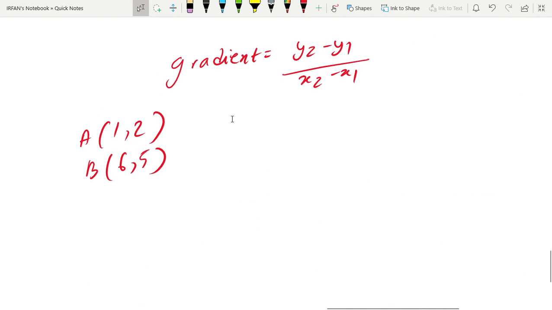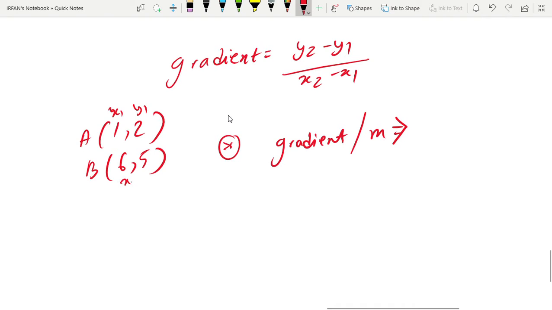How are you going to find the gradient of this one? Gradient, or m, equals y2 minus y1 divided by x2 minus x1. This is our x1, this is our y1, this is our x2, this is our y2.